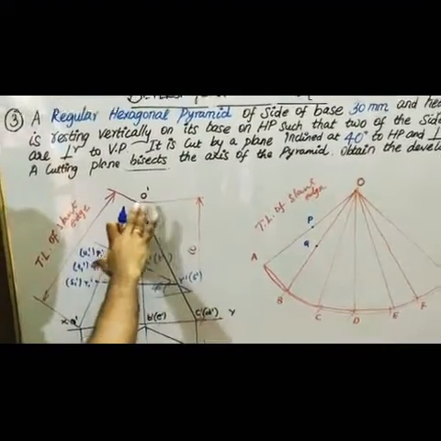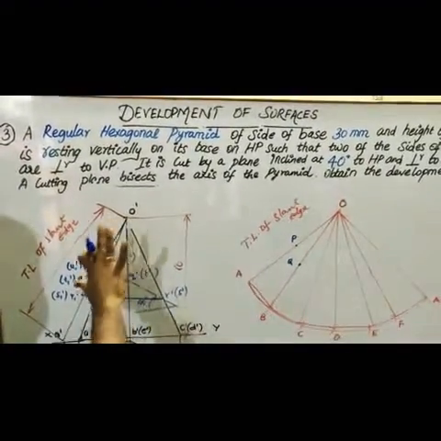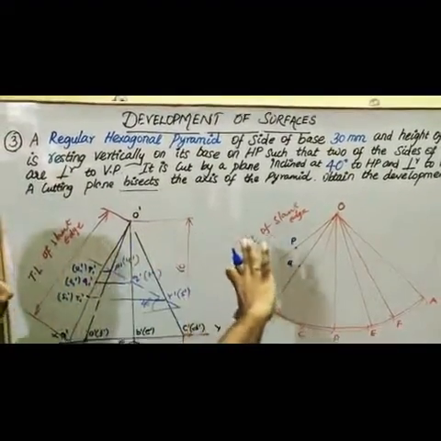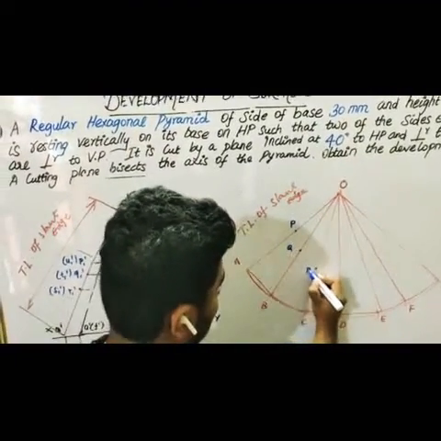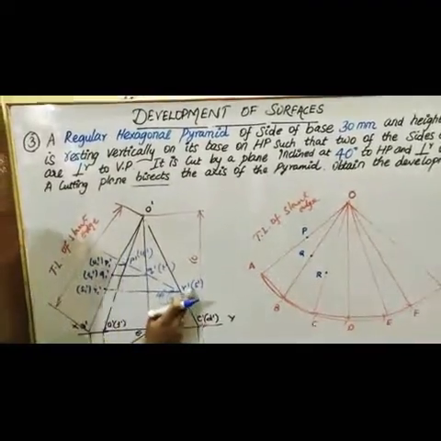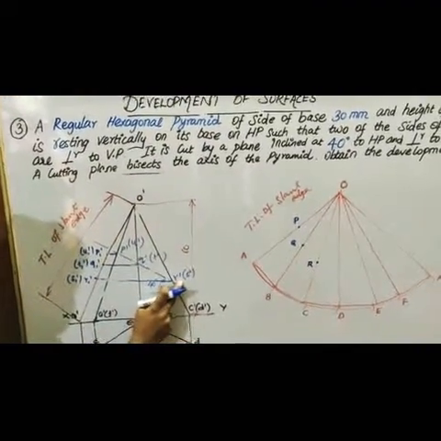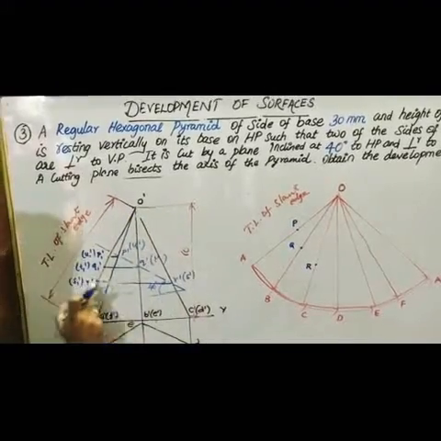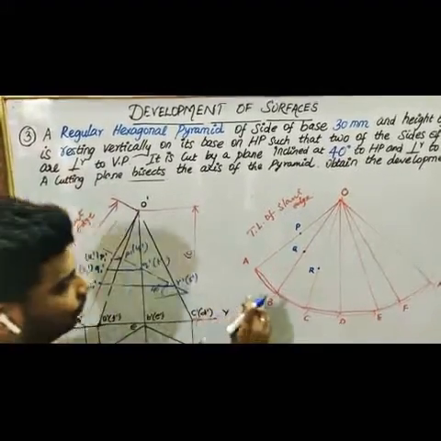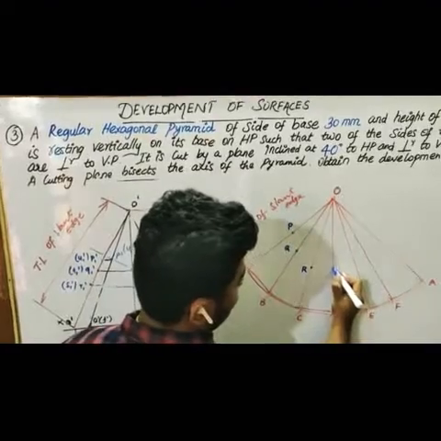For making a true length, you measure O dash and R dash, keep it here and place it here. So this is your R. And S is on the same line, the OD line, so you make a point S here.